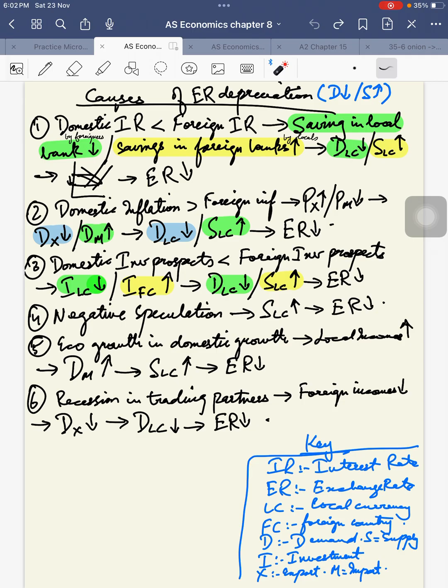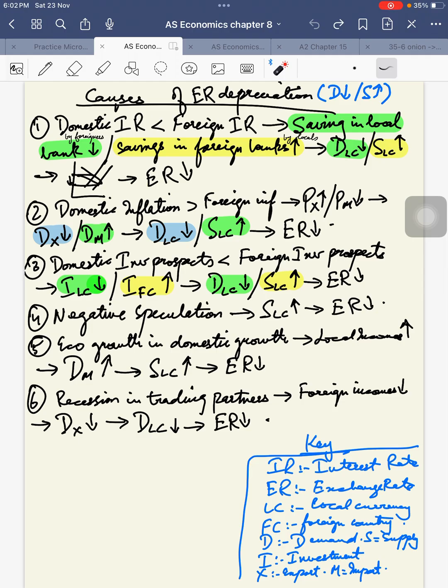That means foreigners would tend to save less in Pakistani banks because the return on Pakistani bonds or saving schemes has fallen. While maybe because foreign interest rates are higher, the locals would want to save more in foreign banks. They would want to save more maybe in Dubai banks or in Swiss banks, etc.